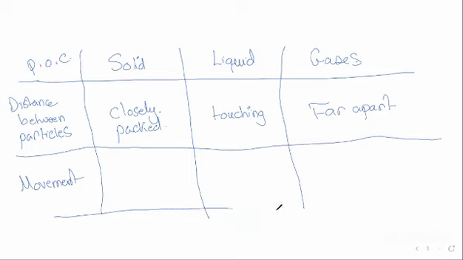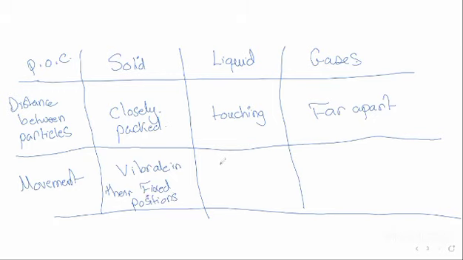What do you think about particles which are closely packed, having a low amount of energy, and cannot move from their place to another place? What is the only type of movement they can do? Yes, you are right. They can only vibrate in their fixed positions.